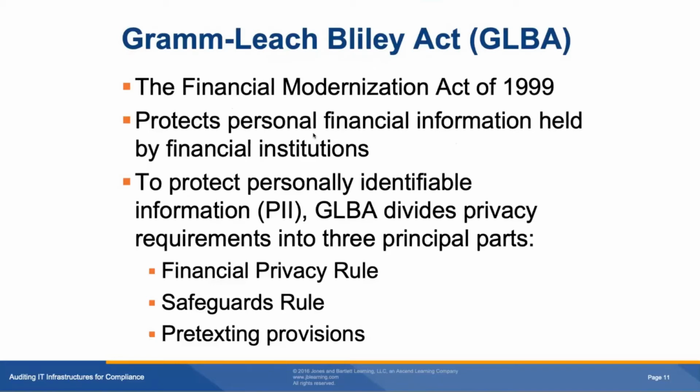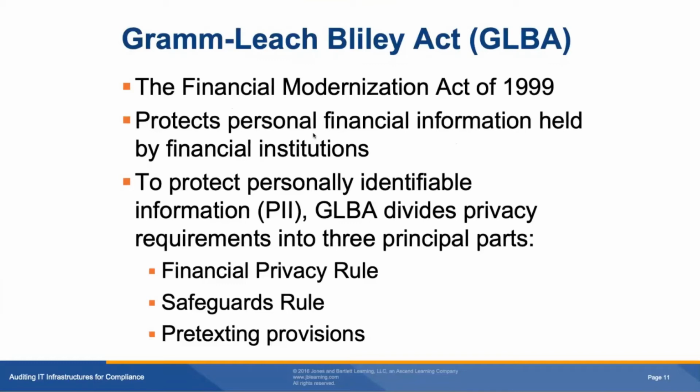To protect personally identifiable information, GLBA divides privacy requirements into three principal parts: the privacy rule, the safeguards rule, and the pretexting provisions. Right? Privacy rule says who they can disclose information to, very similar to HIPAA for medical records.